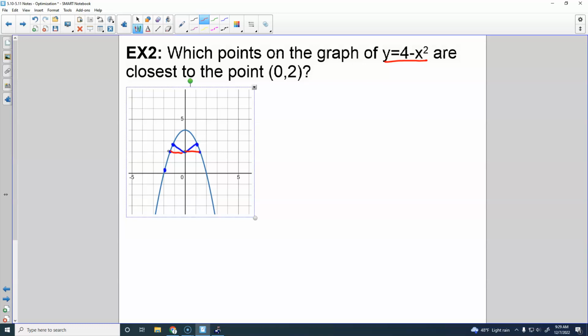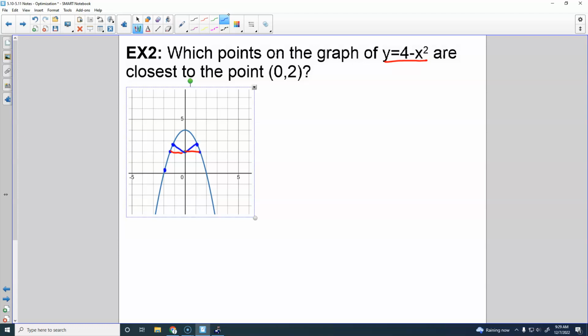So we need to come up with some sort of equation that we can use that will give us the exact answer for this. Okay? So in this case, what are we trying to find, a max?